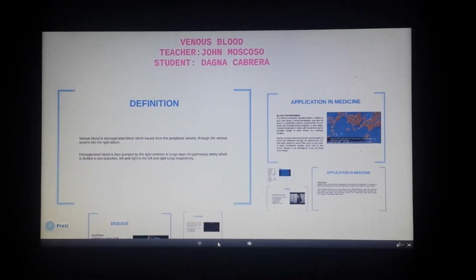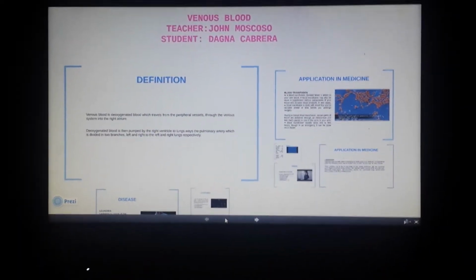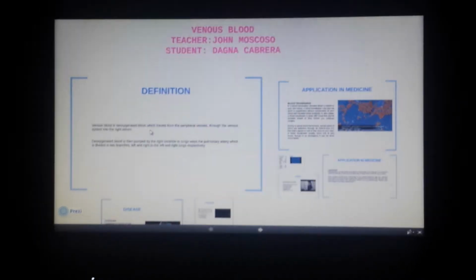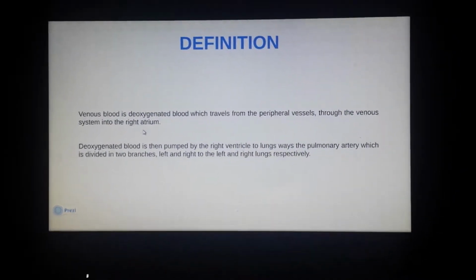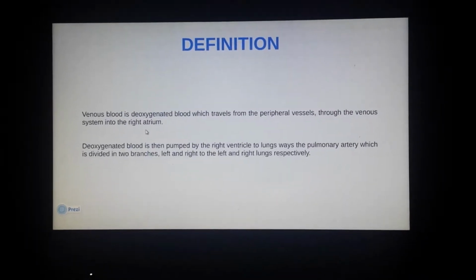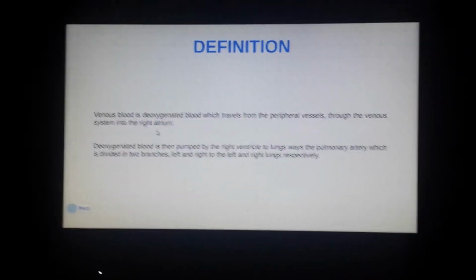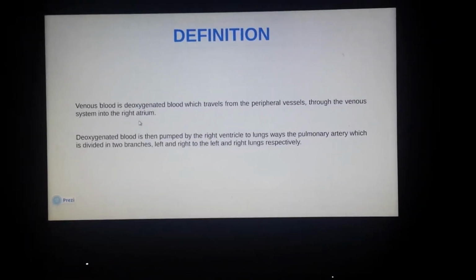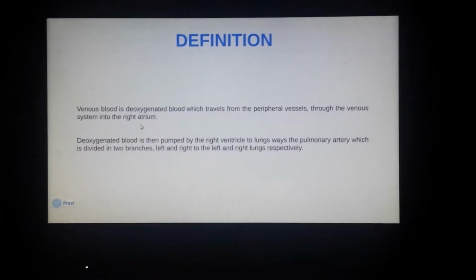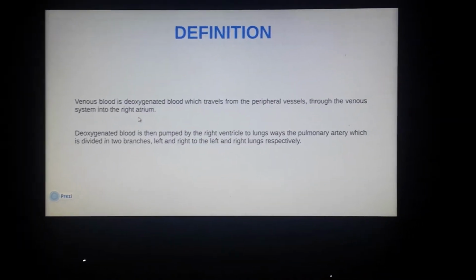My topic is venous blood. Definition. Venous blood is the deoxygenated blood which travels from the peripheral vessels through the venous system into the right atrium.